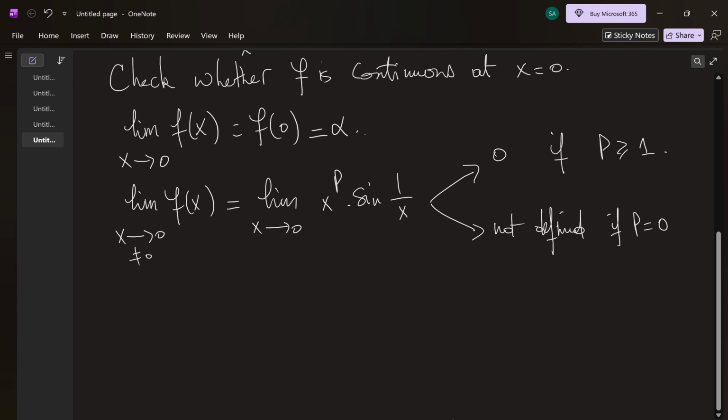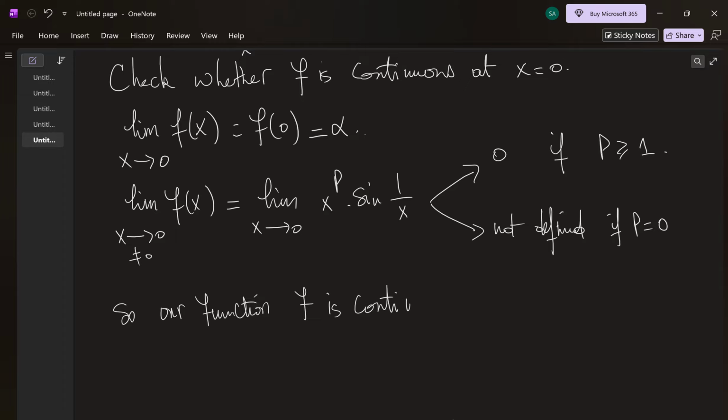So what remains is, our function f is continuous if and only if alpha is equal to 0.